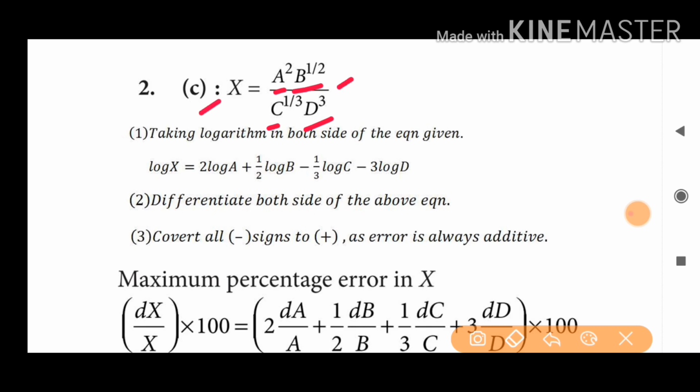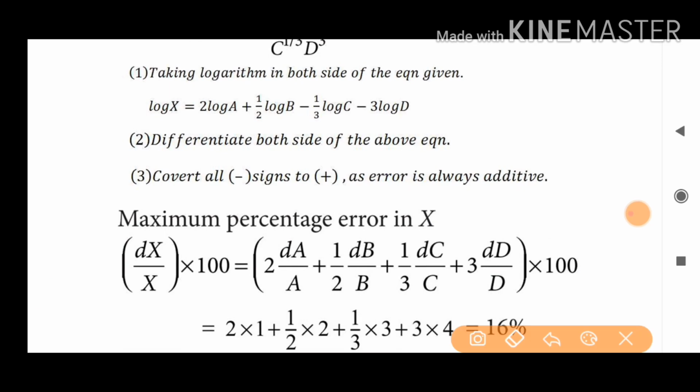So now you have log x on this side, and on the right hand side you get 2 log a plus half of log b, and c is in the denominator, so you get minus 1 by 3 log c, and d cube, so minus for the denominator and 3 log d.